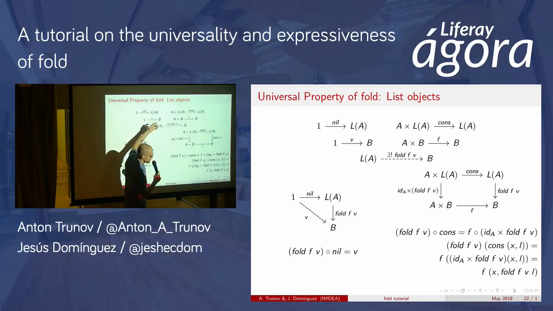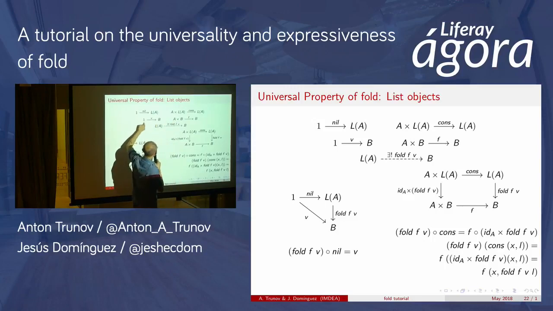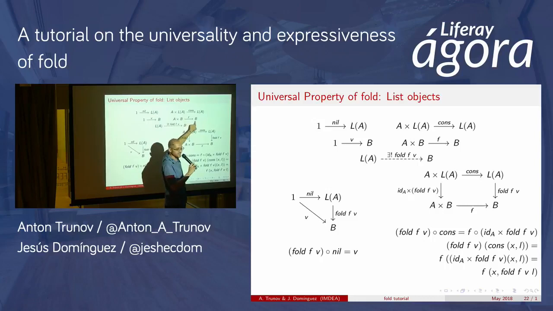So the universal property for a list object, which in this case is the list type, will say the following. If you give me another type and two functions having these types, in other words, B is an element in this type, and this is the accumulator function in the fold. Do you remember that it receives the current element and the result of the computation and then combines them into something?